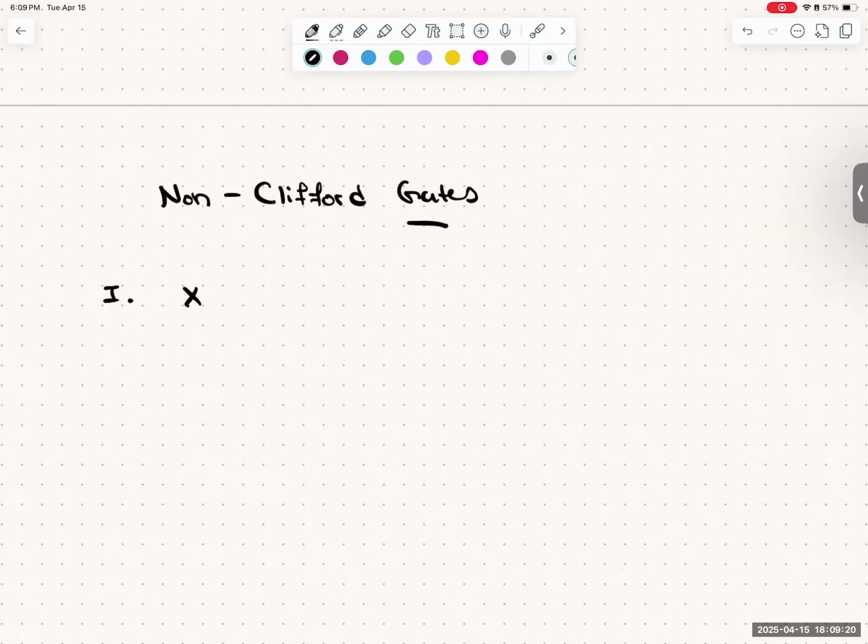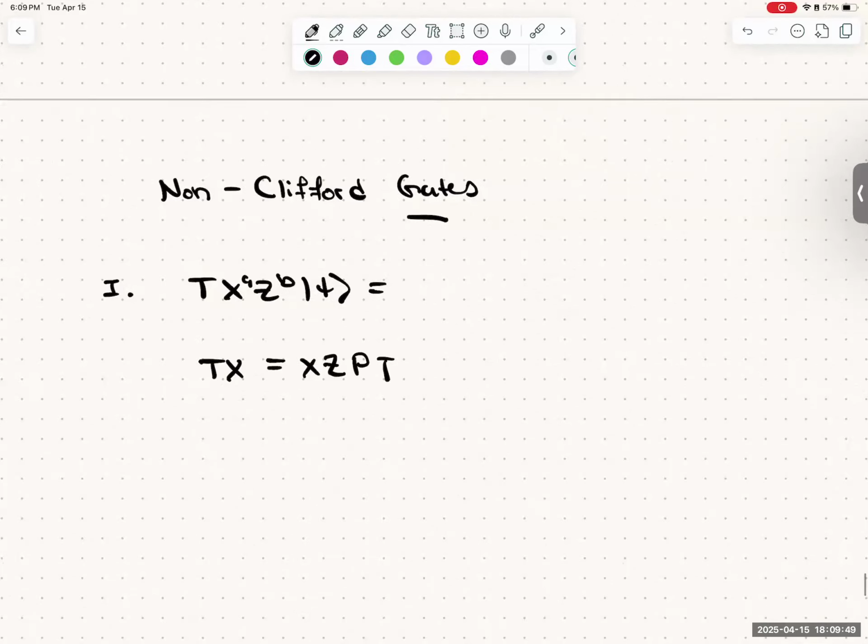So the naive attempt is to do the following. You apply the T gate directly to X^A Z^B acting on psi. Some people might notice that what's going to end up happening here is that you pick up, because there's this identity: T X is equal to X P T. You can sort of show this identity.